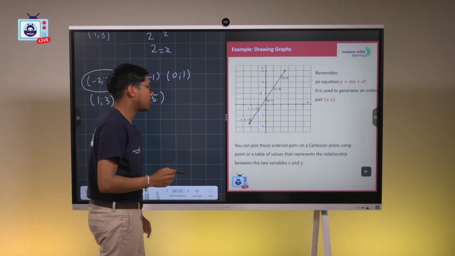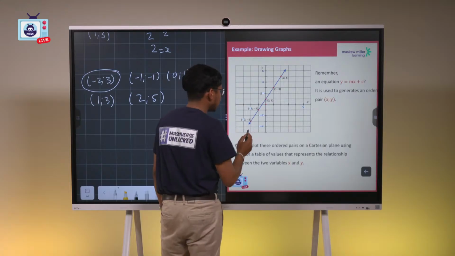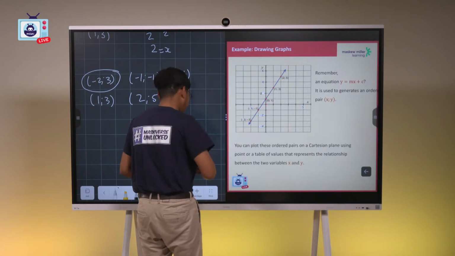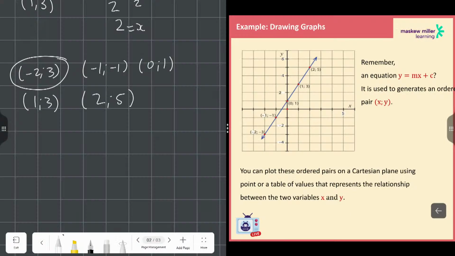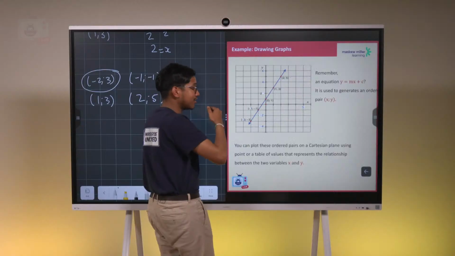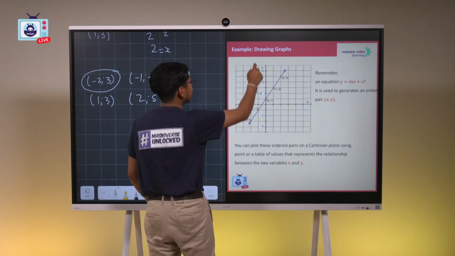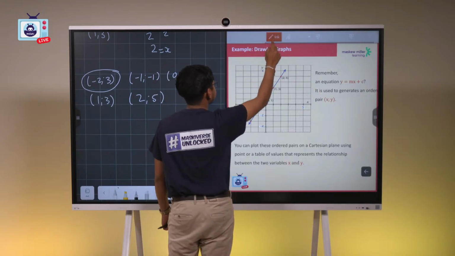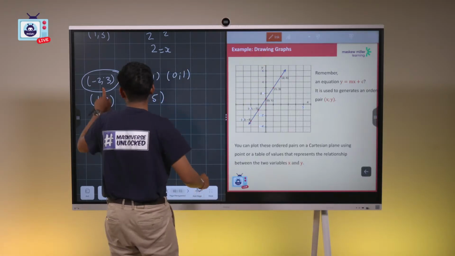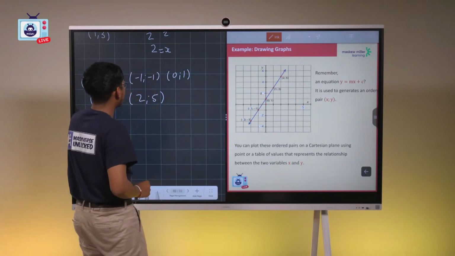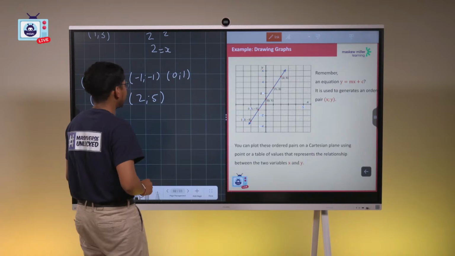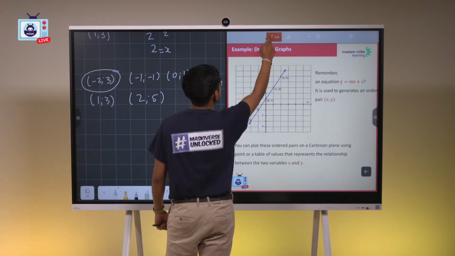So I go to my graph, and where x is -2, which is here exactly at this point over here. So look here, these are all in units of 1. So it's 1, 2, 3, 4, 5, -1, -2, -3, -4, -5, etc. An easy way to do this is I keep my finger on -2, which is the x value, and I go down or up to where y is -3.